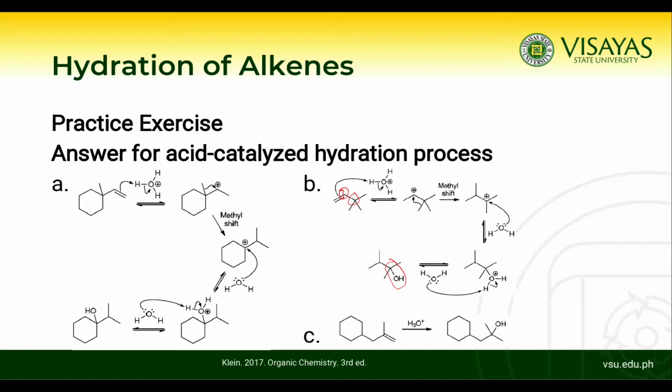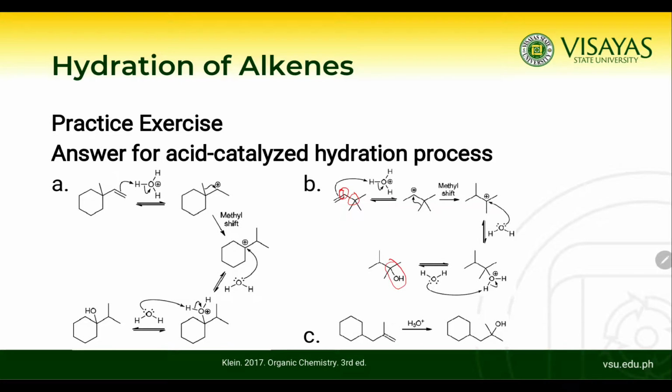In the previous example, as I mentioned, we did not show a methyl shift or hydride shift because the carbocation intermediate formed in the first step is already a tertiary carbocation. So, it is most stable, and no rearrangement occurs. In letter C, for example, this is acid catalyzed hydration again.